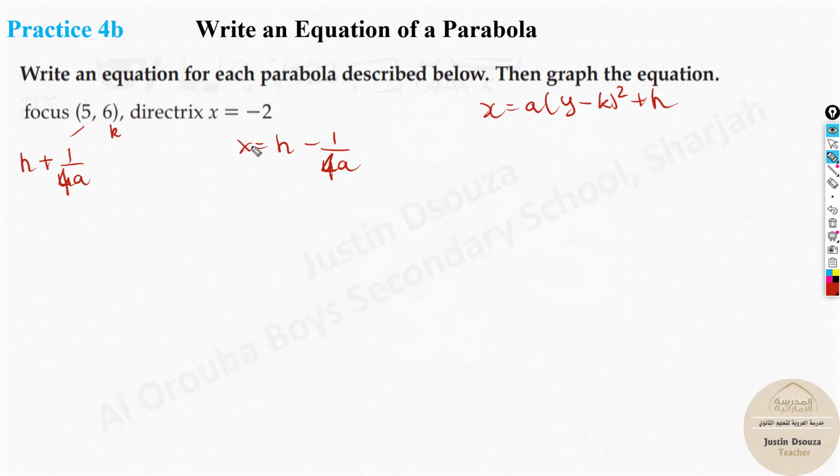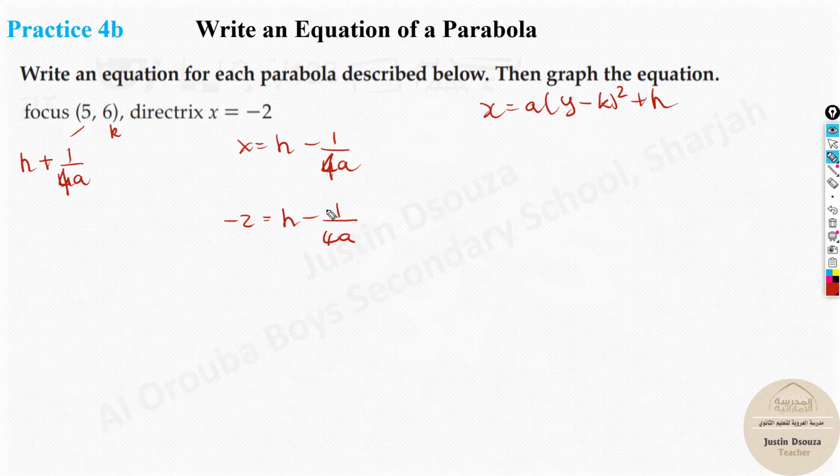We know the directrix. From the directrix we have the formula x is equal to h minus 1 by 4a. So I'll substitute this x value: minus 2 is equal to h minus 1 by 4a. Now what else can you do? Let us keep everything to one side and find the h value. Then I can substitute over here and solve something, right?